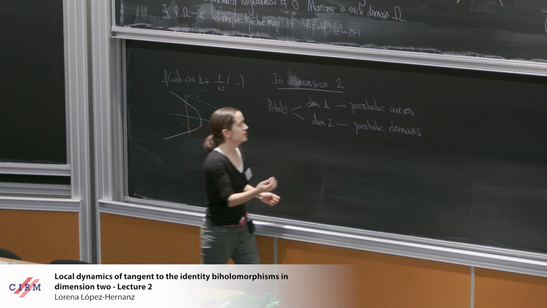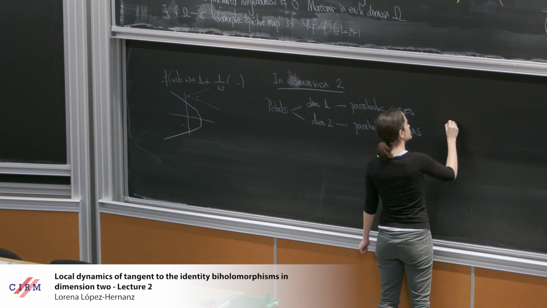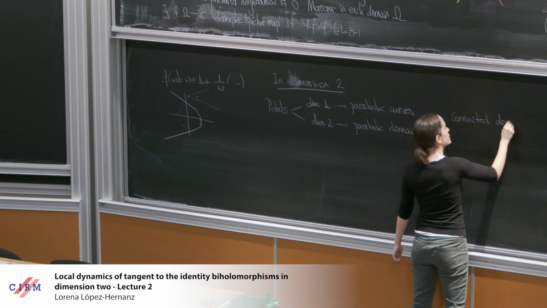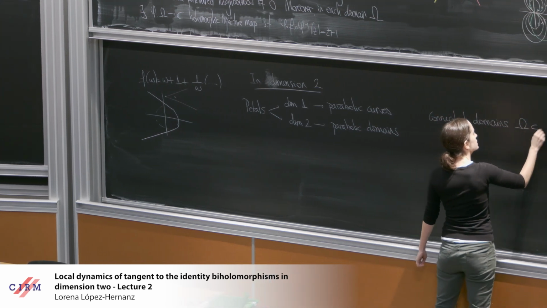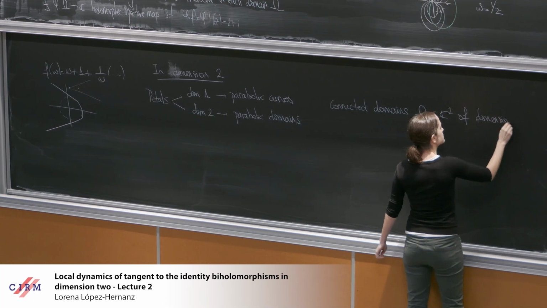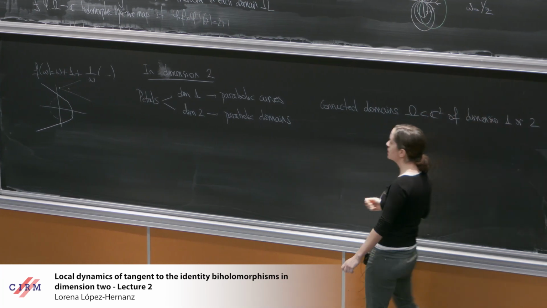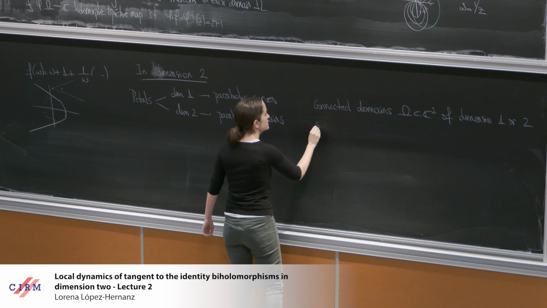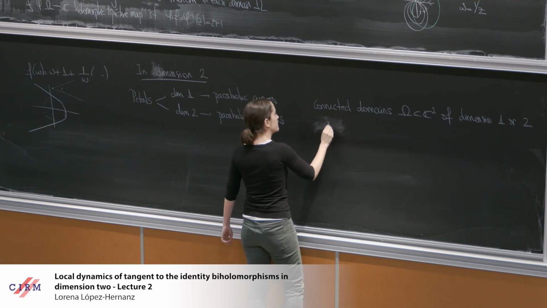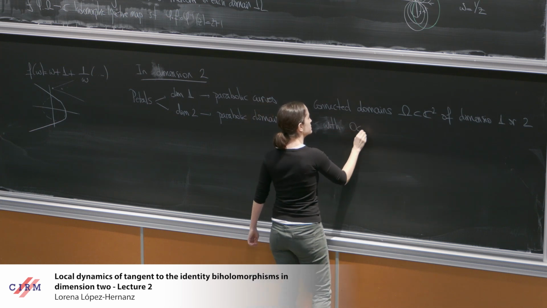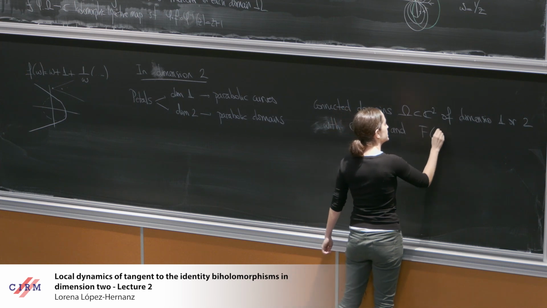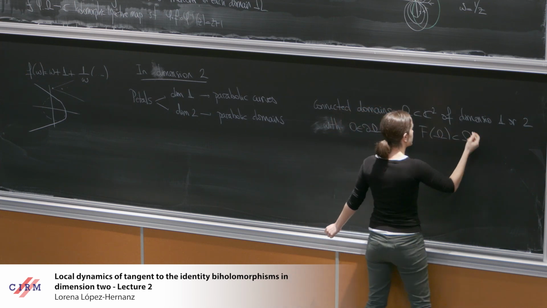So they are connected domains of dimension either 1 or 2, such that they are invariant, that have the origin in the boundary, and which are invariant under the action of f and attracted by the origin.